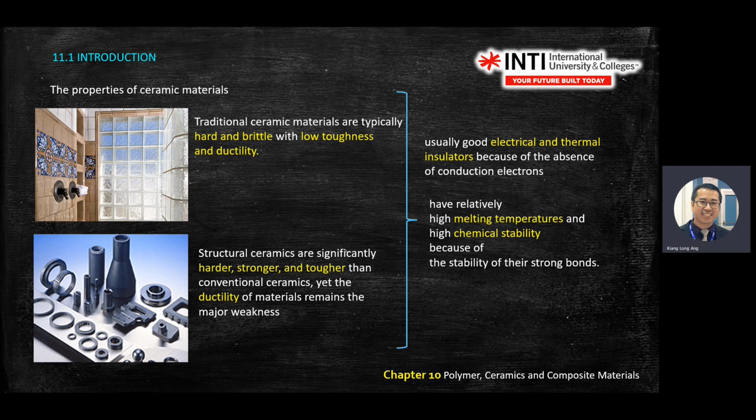So ceramics are insulators of electrical and thermal. So they are able to insulate and protect the component from heat. They are able to sustain high temperature and chemical exposure. So it means they have high chemical stability. When you think of these two properties, you can think of their application.